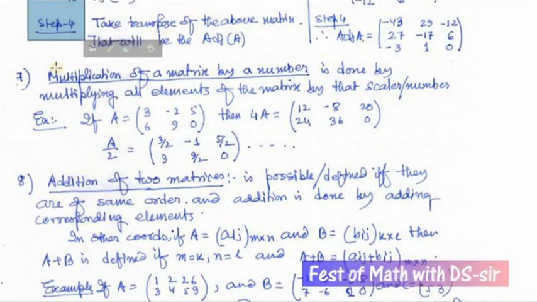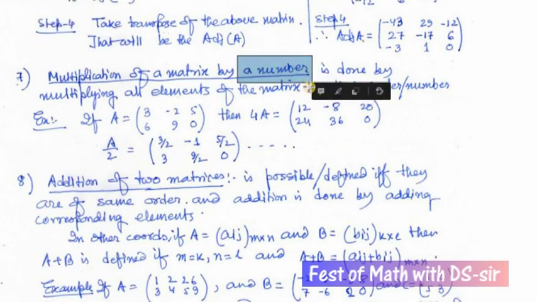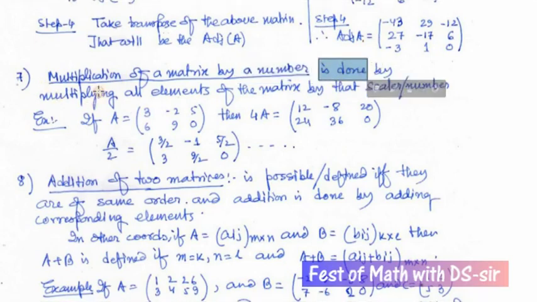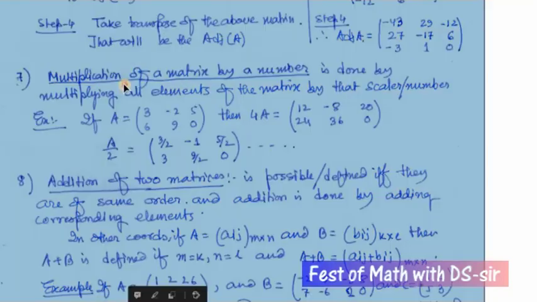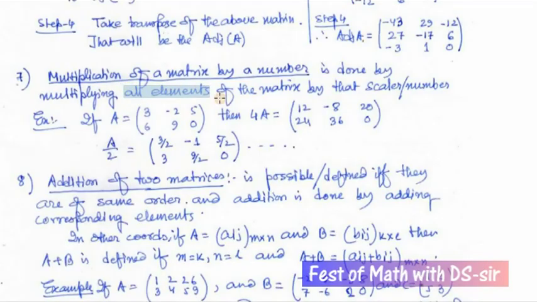Next comes multiplication of a matrix by a number. It is done by multiplying all elements. Notice the word all elements of the matrix by that scalar or number. That number is called a scalar. For example, it is applicable in the case of a non-square rectangular matrix as well as a square matrix.